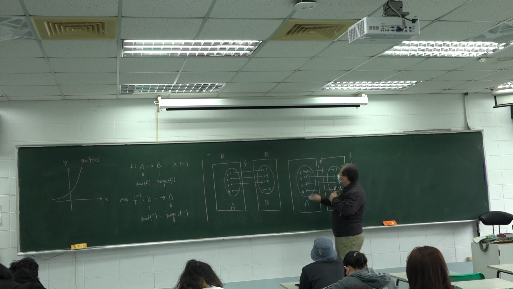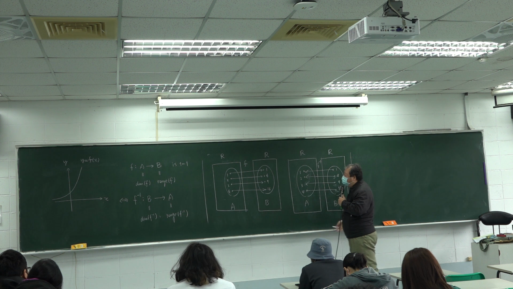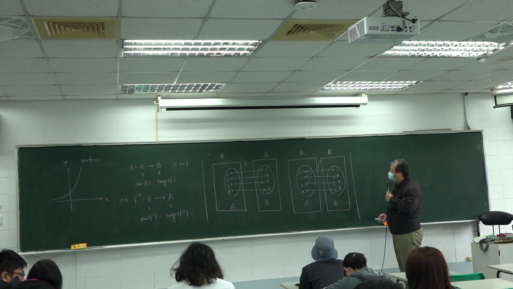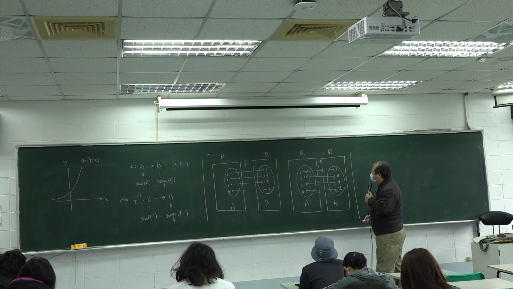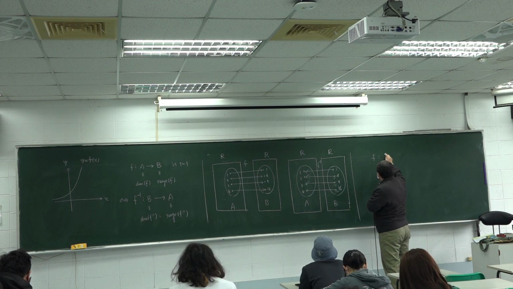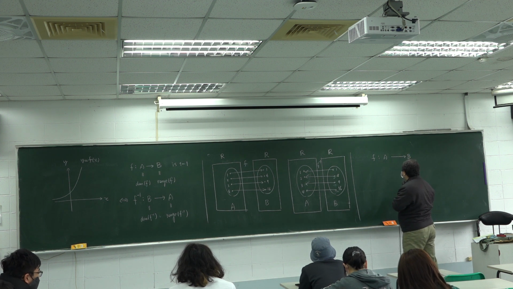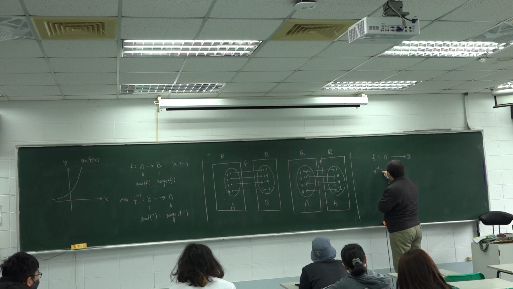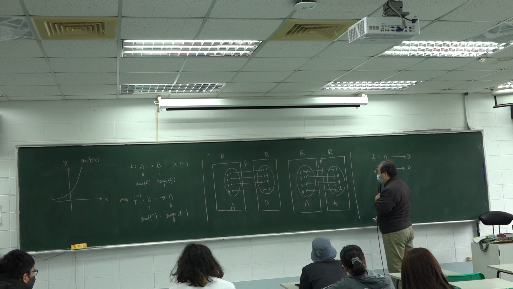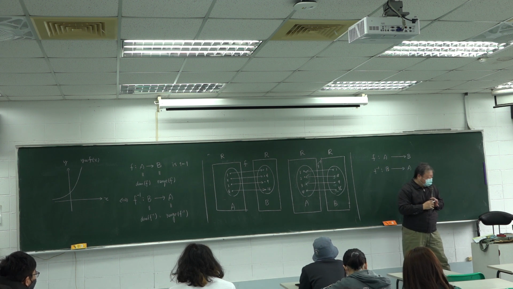According to the explanation here, we certainly have: if f is 1 to 1, with domain A, B is the range of f, and f inverse from B to A, then we have the so-called cancellation equations.